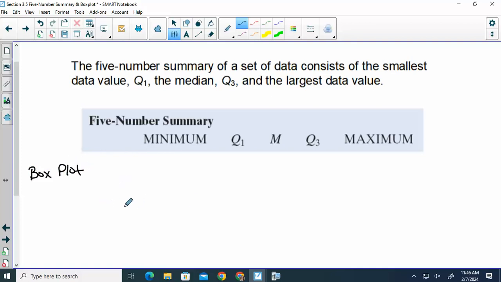When you have a box plot, it's going to look something like this. It'll be a rectangular box, there'll be a line in it somewhere, and we have lines going out.